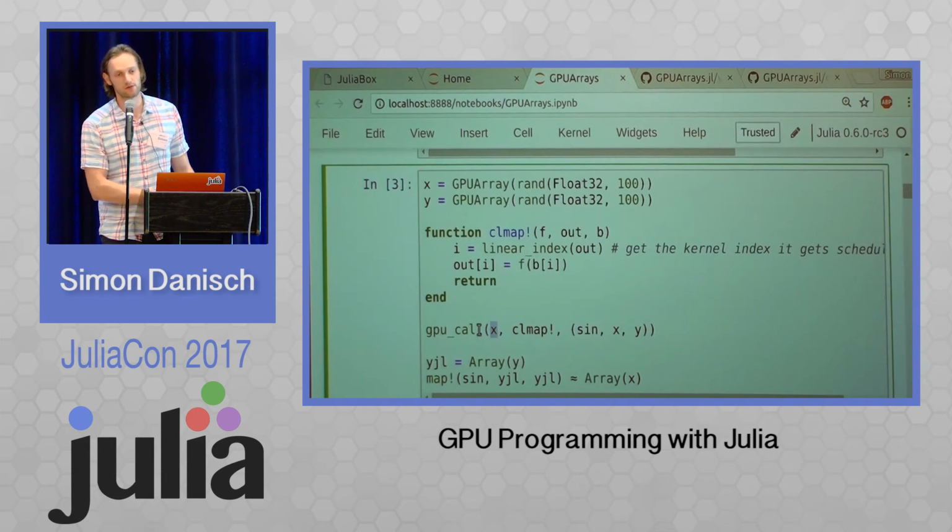It uses that to dispatch to the correct backend and extract the GPU context, and what GPU card it actually runs on. And then it figures out how to compile the Julia function for the correct backend, and then actually calls that. And this is cached, so when you call it two times, the first time it will compile it, the second time it will run the cached kernel.